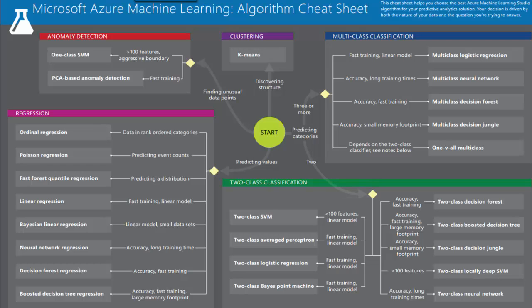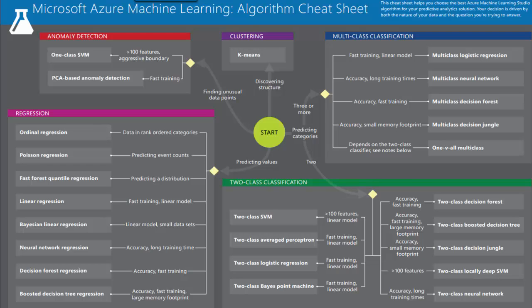In clustering, it's k-means. Multi-class and 2-class have a pretty big list of algorithms. In 2-class, there's 2-class SVM, 2-class average perceptron, 2-class logistic regression, 2-class Bayes, and a whole lot of them. And under regression, there are a whole lot of different algorithms as well.